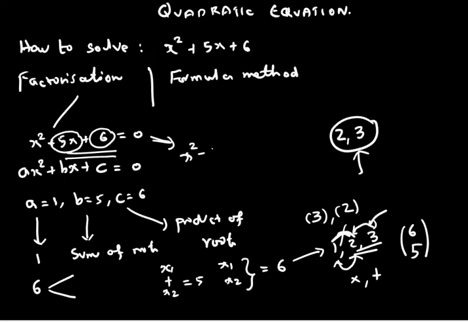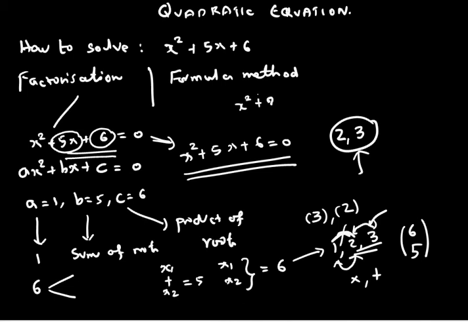They only tell us the combination of numbers that satisfies this equation. So we split the middle term into two terms: x squared plus 2x plus 3x plus 6 equal to 0.